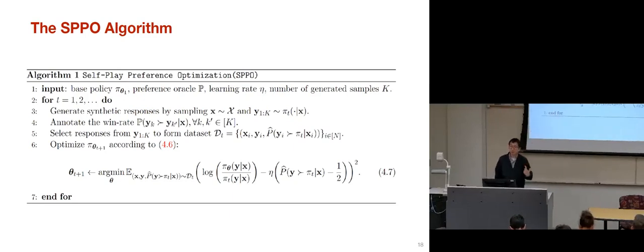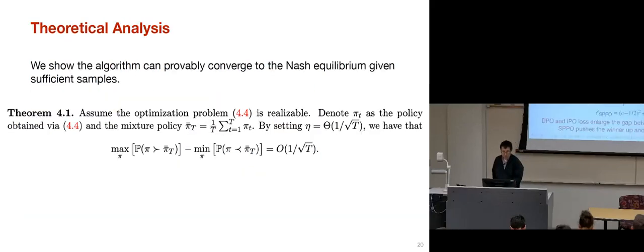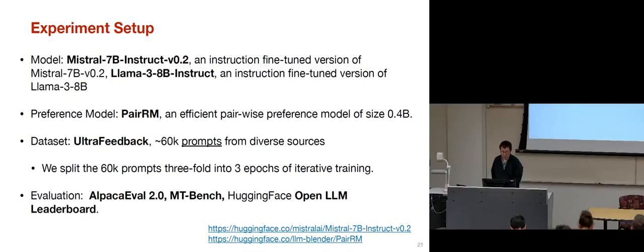So we need a pairwise reward model rather than a pointwise reward model, and there are not many pairwise reward models out there. This reward model is one of the very few pairwise reward models that is publicly available. So that's the reason we use this reward function. All right, thank you.